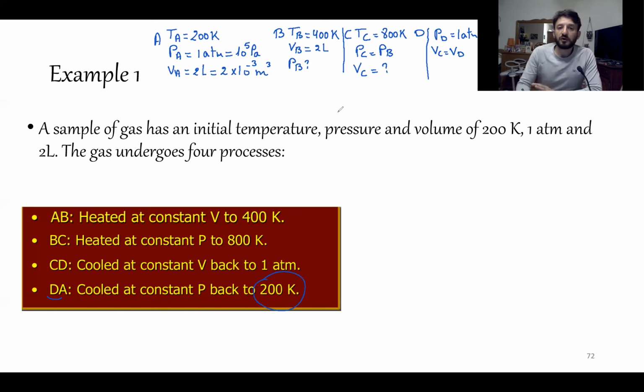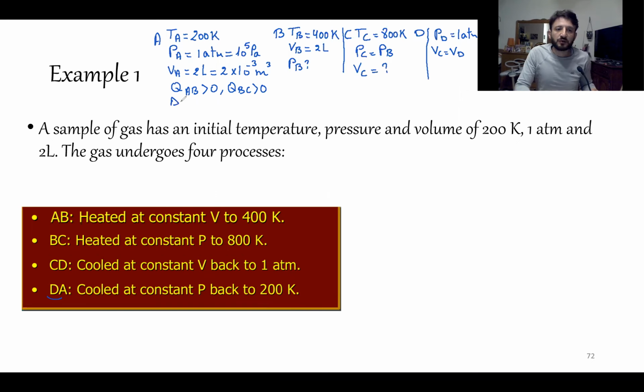Okay, first of all, you have to know that when we have heated, we have Q positive. So in general, you know Q AB must be positive, Q BC must be positive. When we have a positive Q, we must have a positive internal energy change.